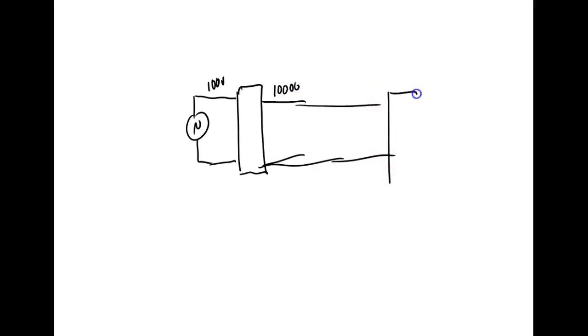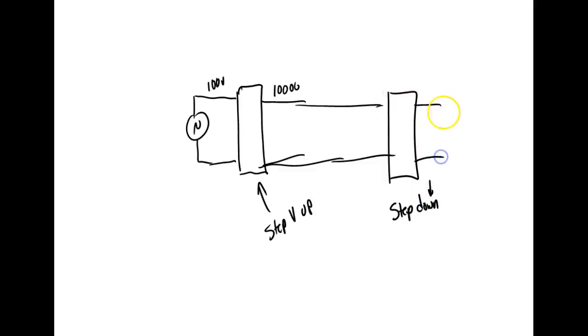And now before I use it, what can we do with a transformer? We can step the voltage up for transmission. Over here we can step the voltage down for safety. Okay, so let's say I come over here and I turn on a 100-watt light bulb.